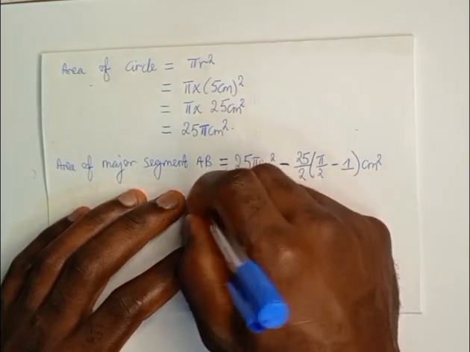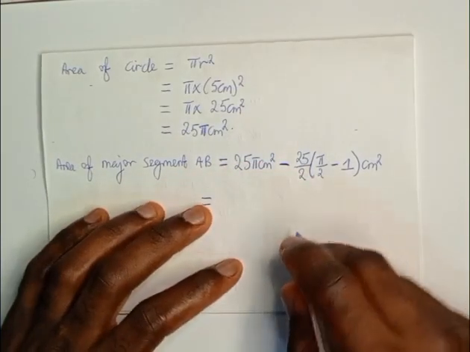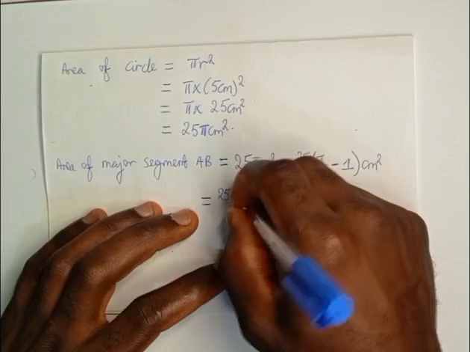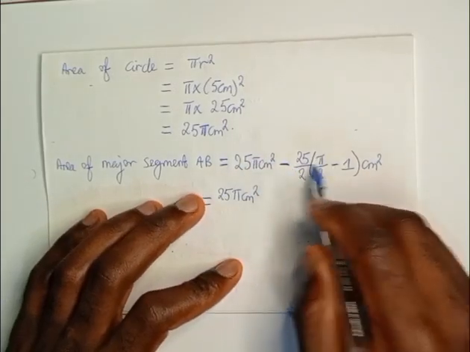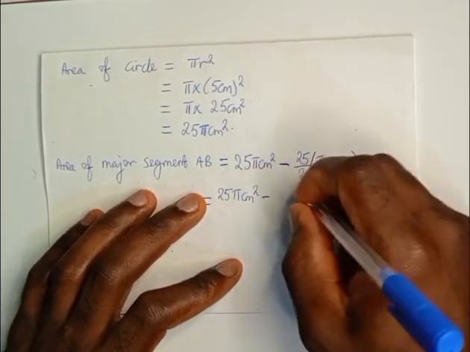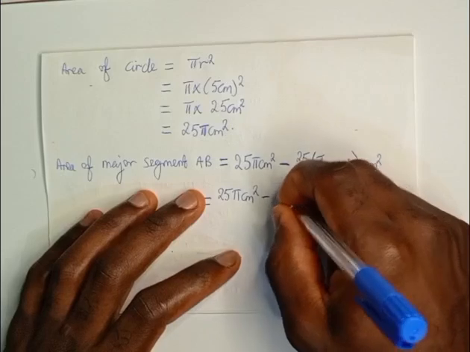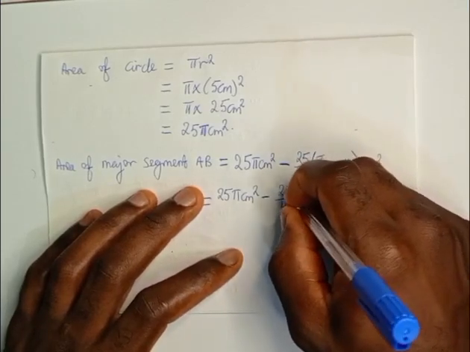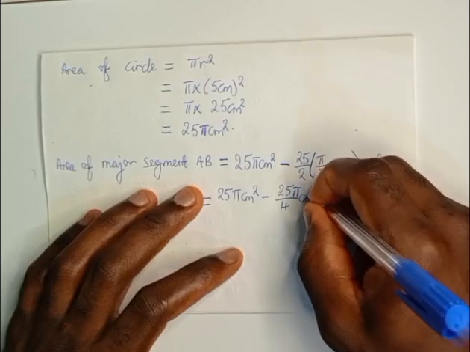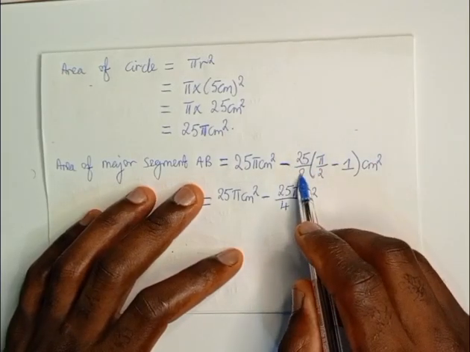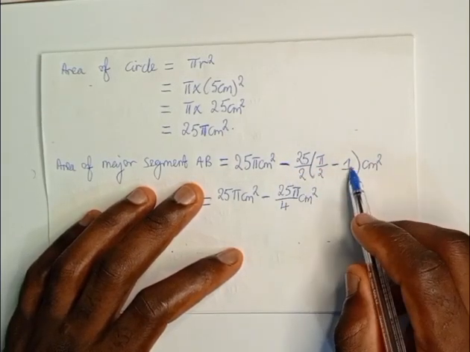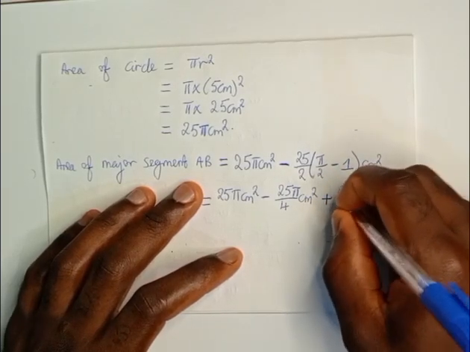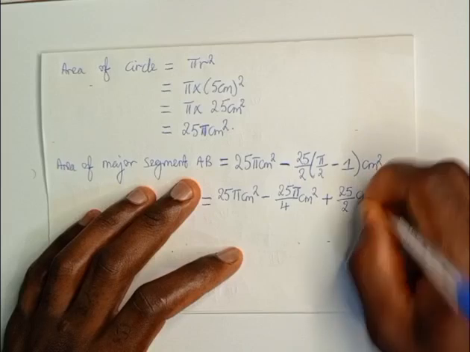This will simply be equal to 25 pi centimeters squared, if we expand, minus 25 over 4 pi centimeters squared, negative 25 over 2 times negative 1 gives us, becomes positive 25 over 2 centimeters squared.